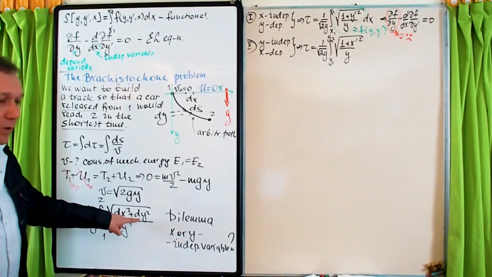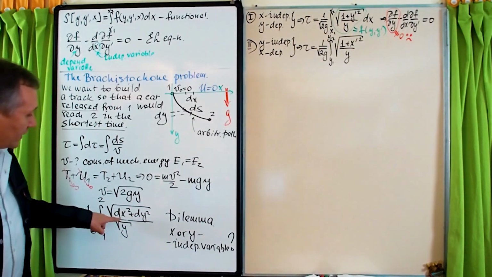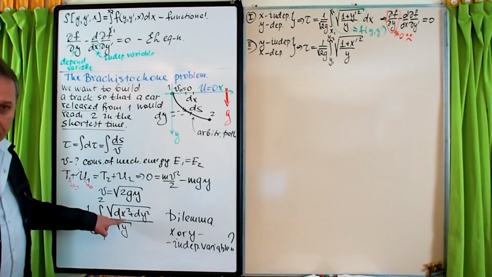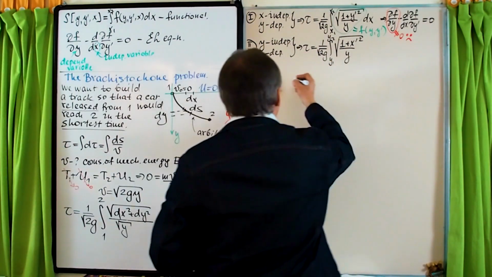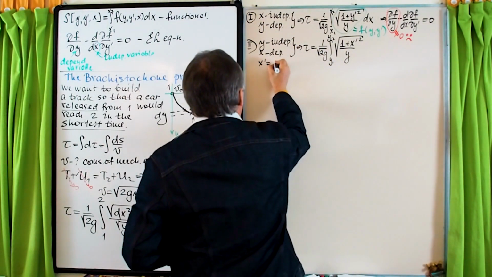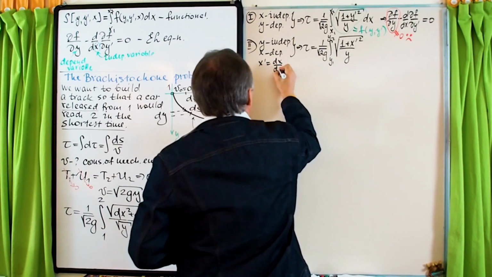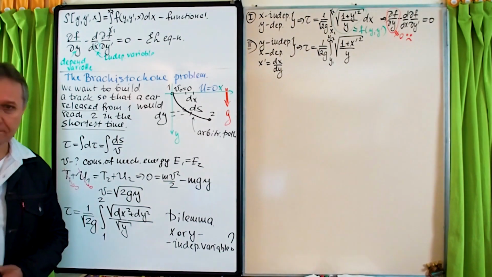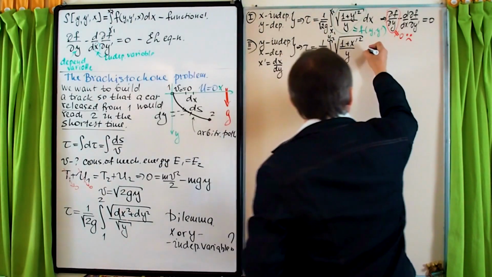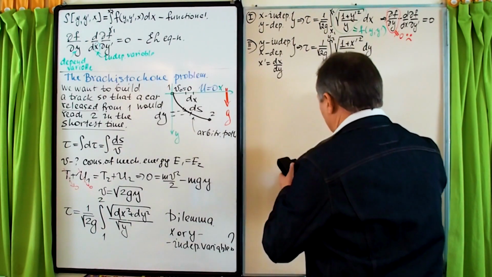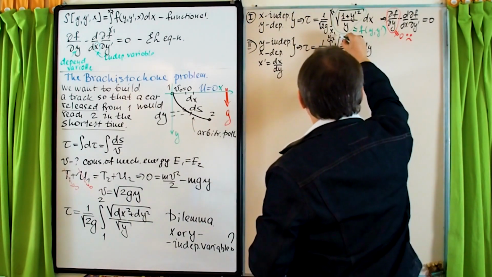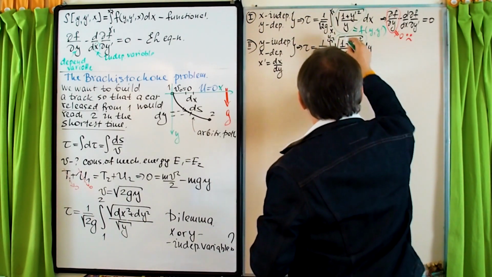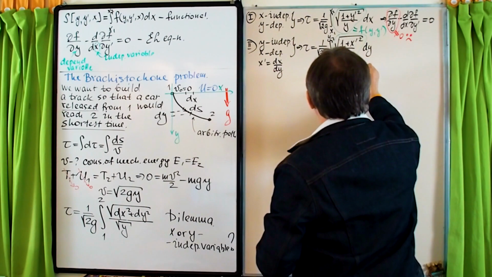If you take dy outside, you will have dx over dy. dx over dy is x prime. Let me emphasize that here: x prime is dx over dy. And of course, dy outside over here. So now this is our function f.